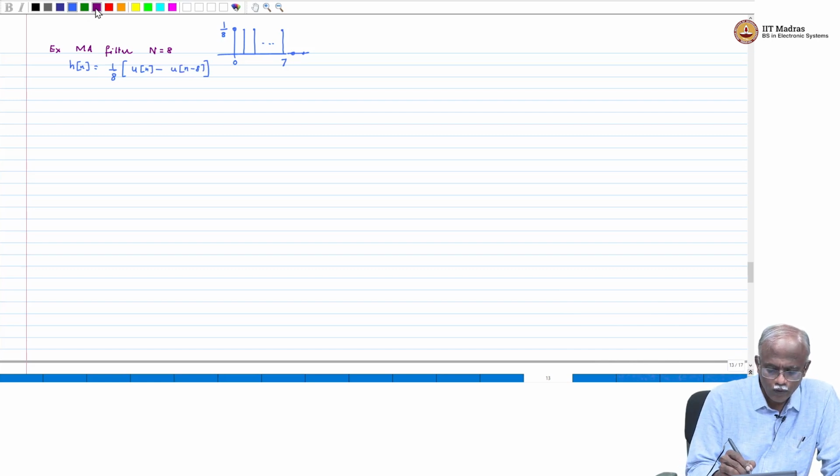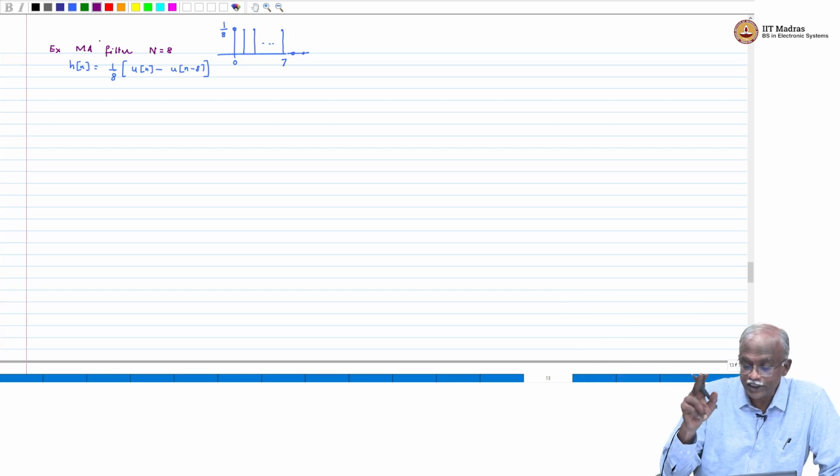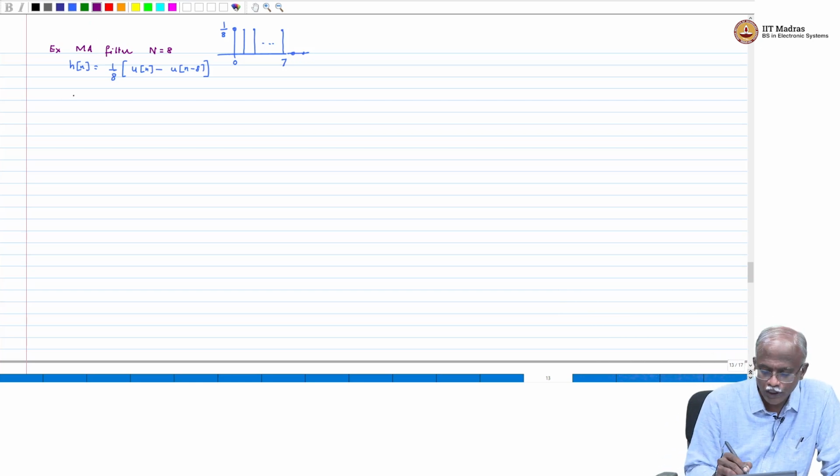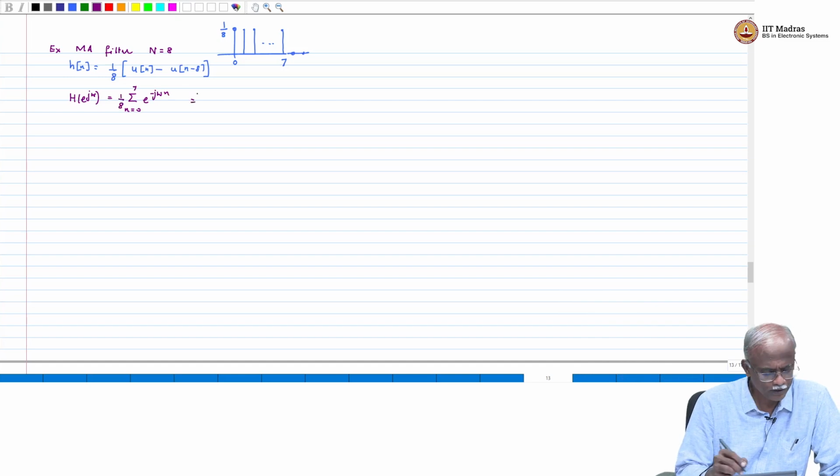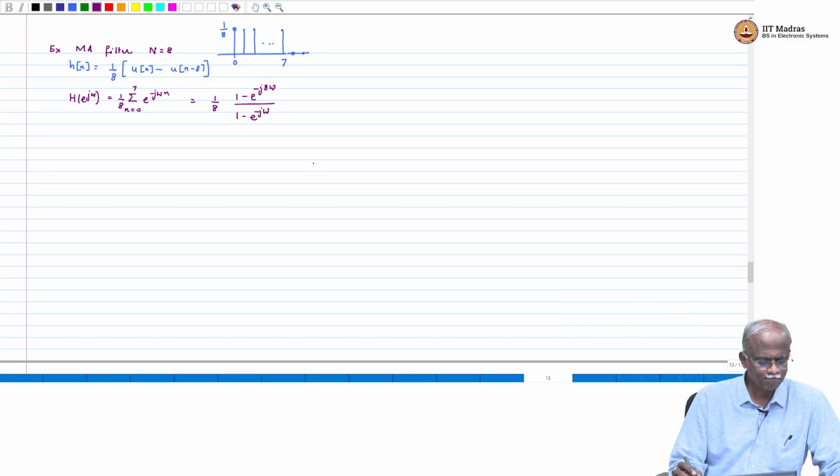Now if you are interested in sketching the magnitude response, then what you would do is compute the DTFT, H of e to the j omega. This will be summation n equal to 0 through 7 of e to the power minus j omega n. There's a scale factor of 1 by 8, make sure you don't leave that out. So this will be 1 by 8, 1 minus e to the power j 8 omega divided by 1 minus e to the power minus j omega.